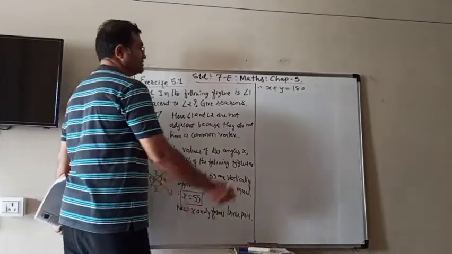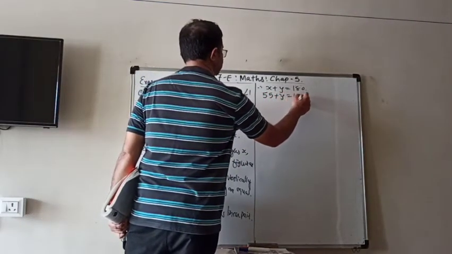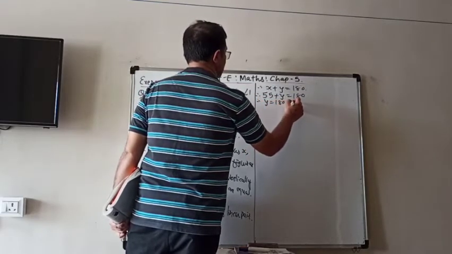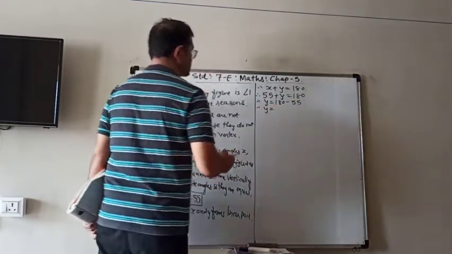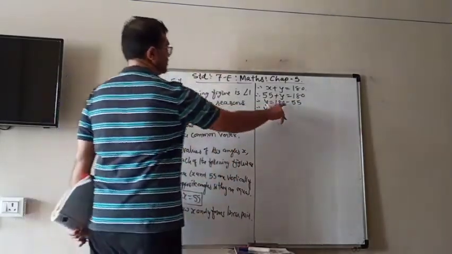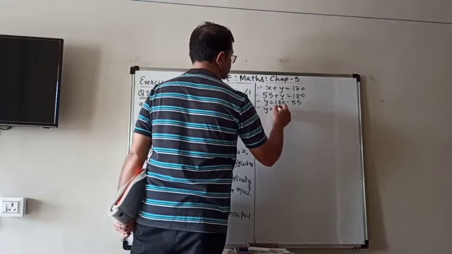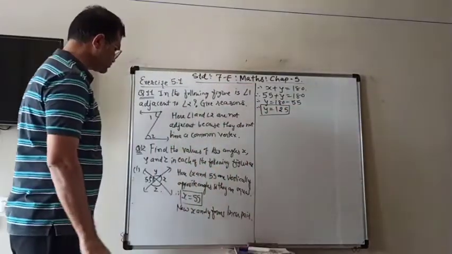We get the value of x is 55. So 55 plus y is equal to 180. Therefore, y is equal to 180 minus 55. So, what is the value of y? 10 minus 5 is 5. 7 minus 5 is 2. So, the value of y is equal to 125.